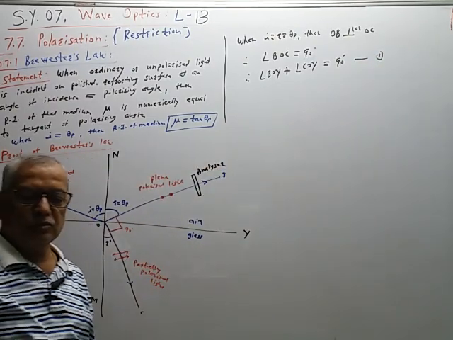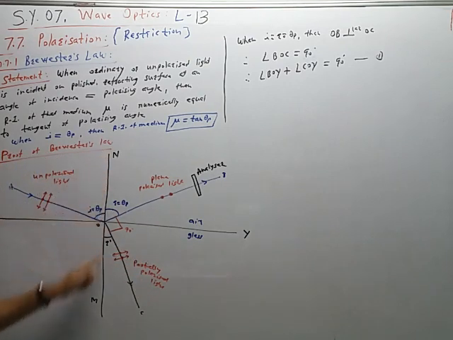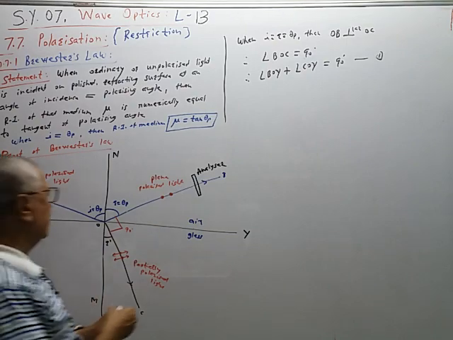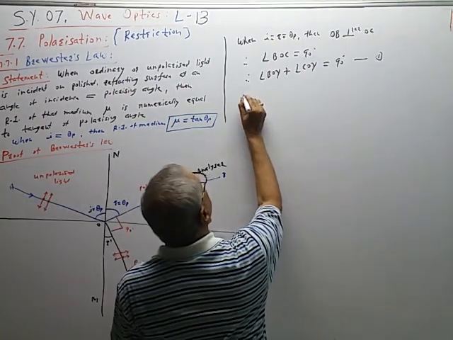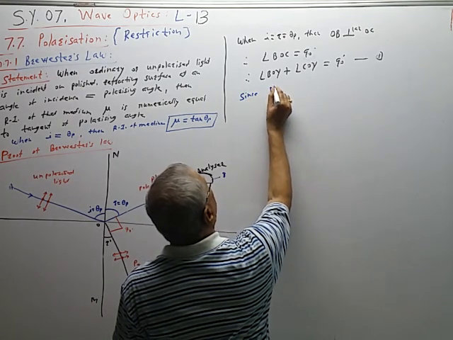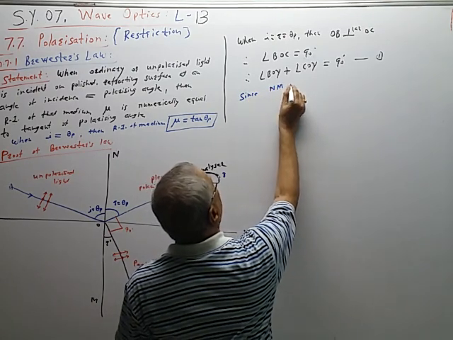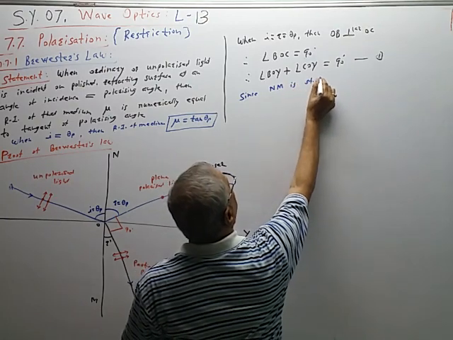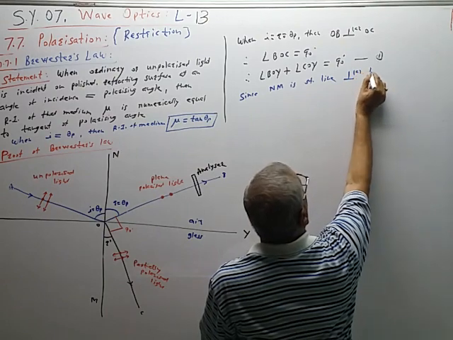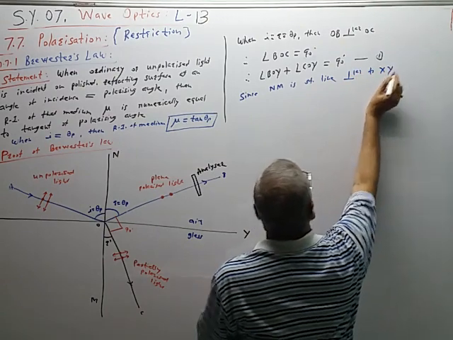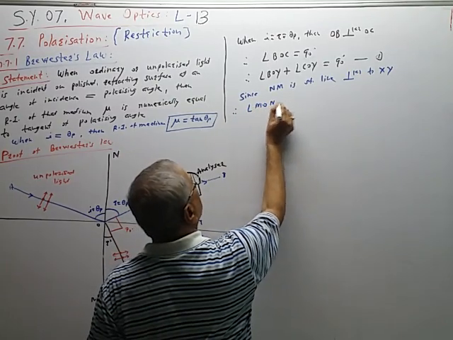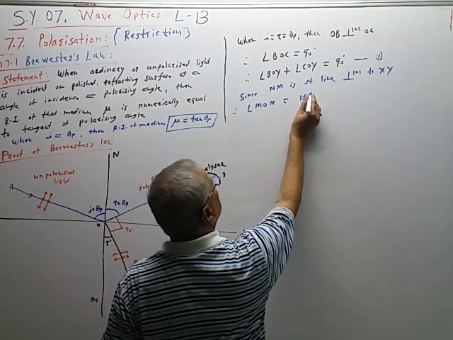Now see, this MN is a straight line, so this total angle is 180 degree. Since NM is a straight line perpendicular to XY, therefore angle MON is equal to 180 degree.